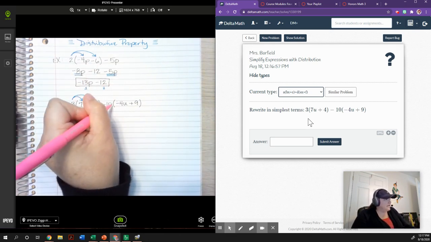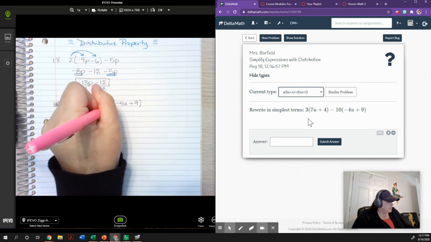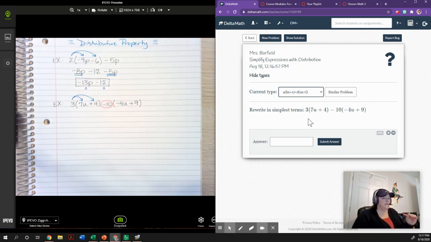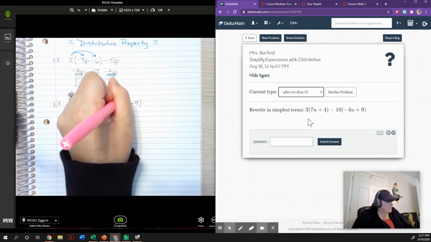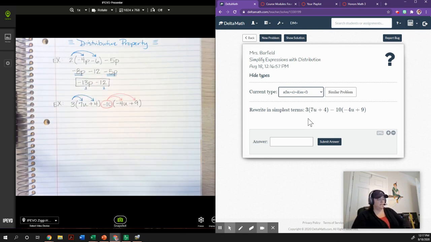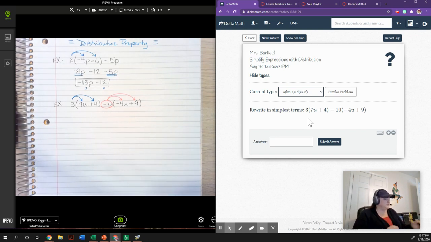And then negative 10. Now, if this helps you, circle the negative 10 so you know you're multiplying by negative 10 and not just 10. So you're going to multiply by negative 10 in both of these parentheses. Whatever little things you can do that'll help you remember mathematically what to do correctly, please do those.